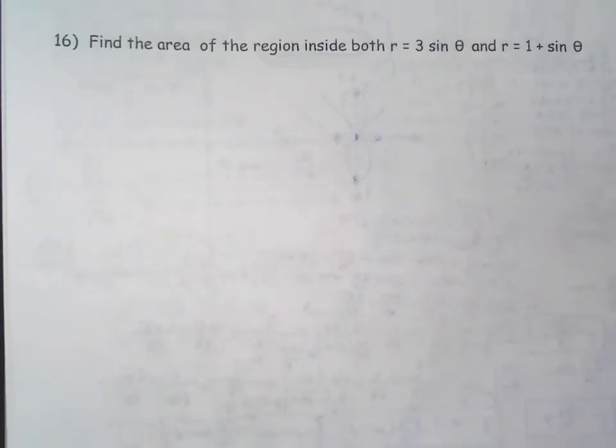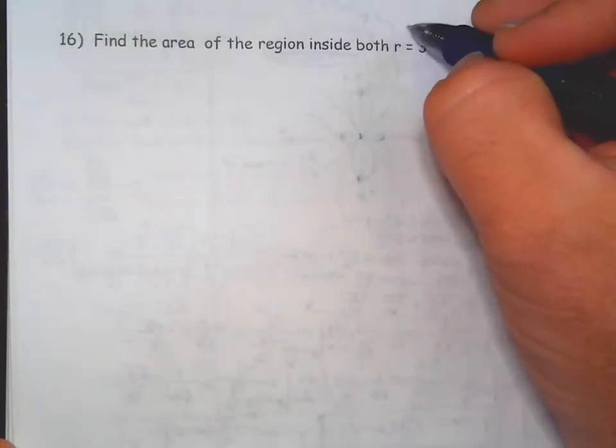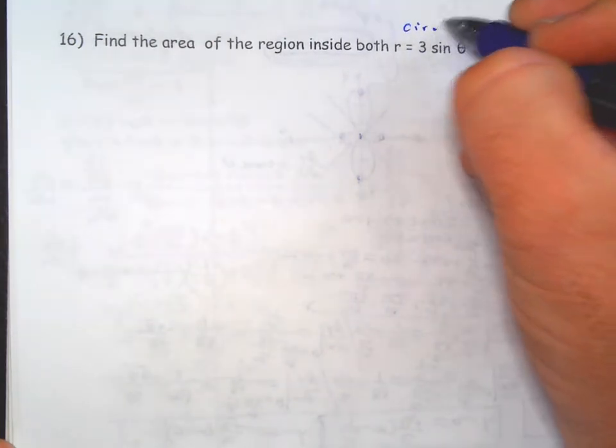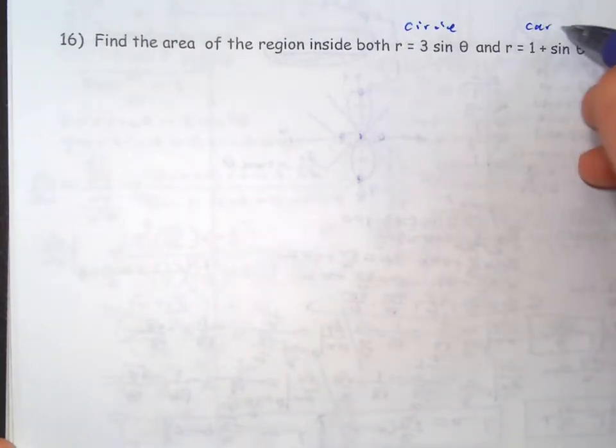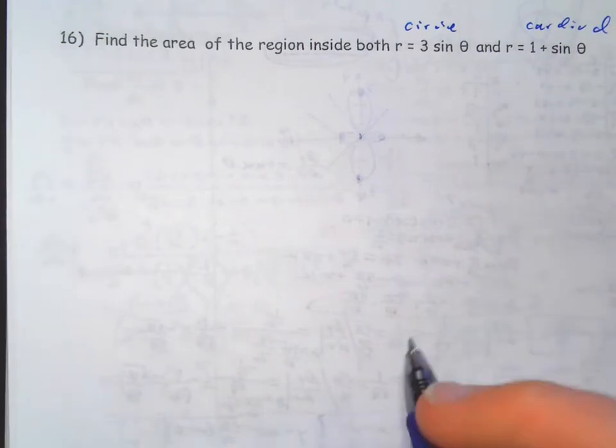Okay, you find the area between multiple curves. These ones, pictures are huge. Big deal. So this is a circle, and this is a cardioid. So we definitely want a picture of these.